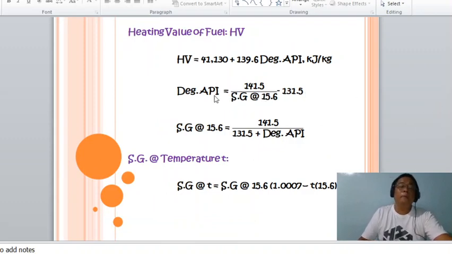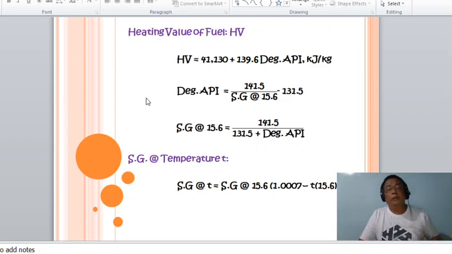So let us now proceed to the heating value of the fuel. The heating value of the fuel is equal to 41,130 plus 139.6 degree API. The unit here used is SI, that is kilojoules per kilogram.